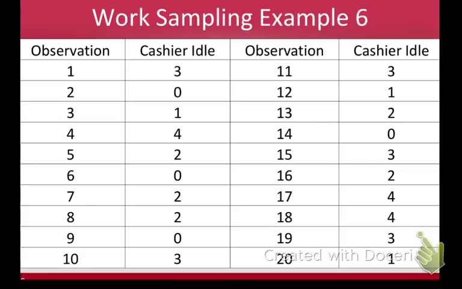For the third observation naman, 1 out of the 10 were idle. So basically, to know or to determine how many times the stations were idle is just to get the sum of the cashier idleness. So we'll just add 3, 1, 4, 2, 2, 2, and so on.